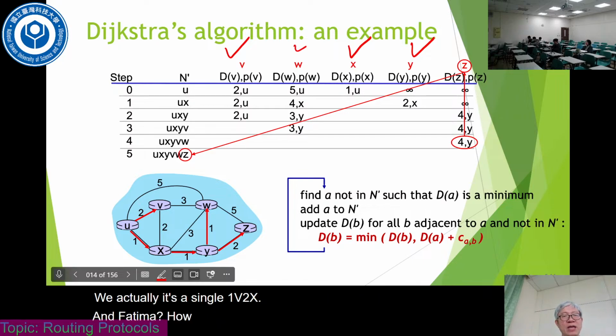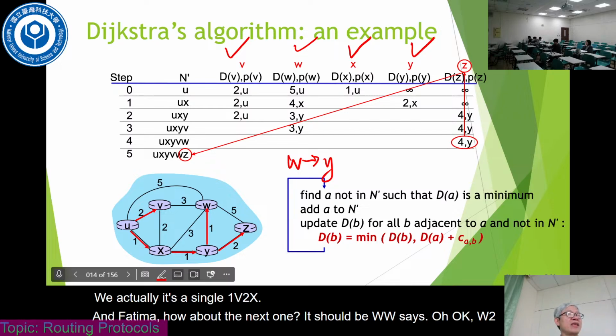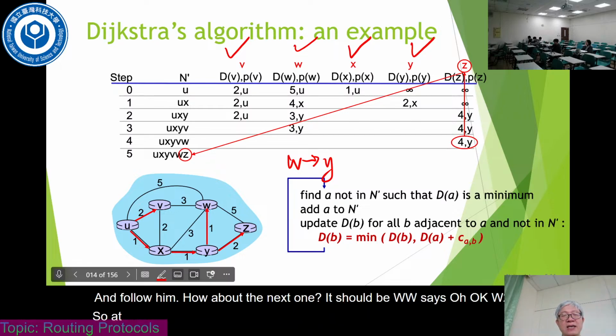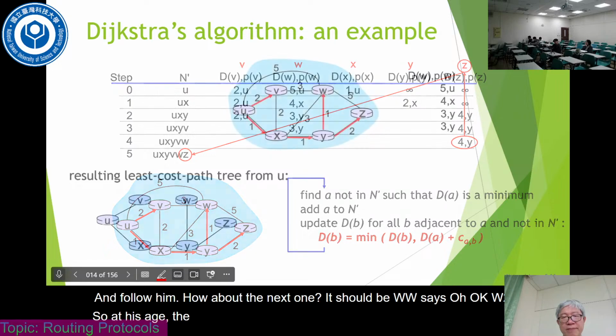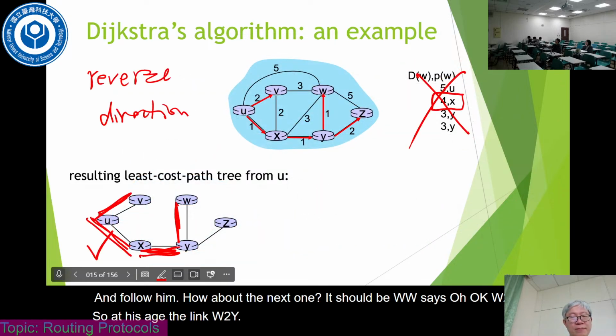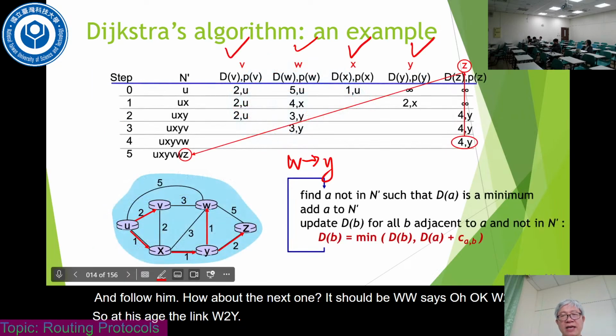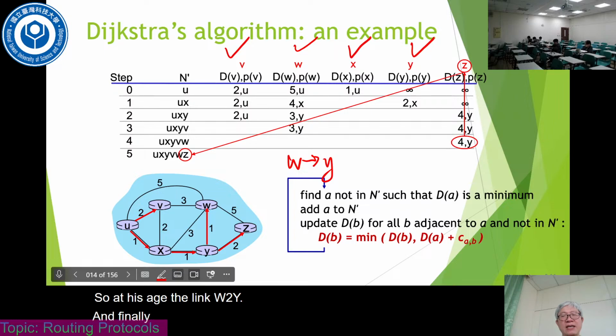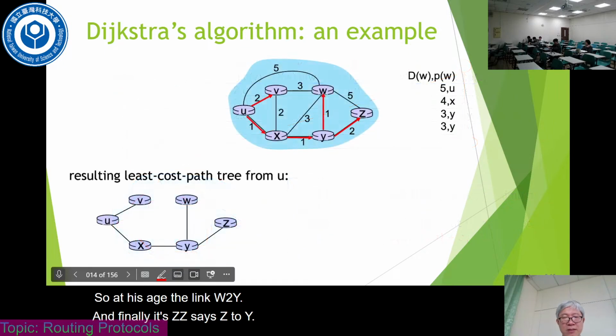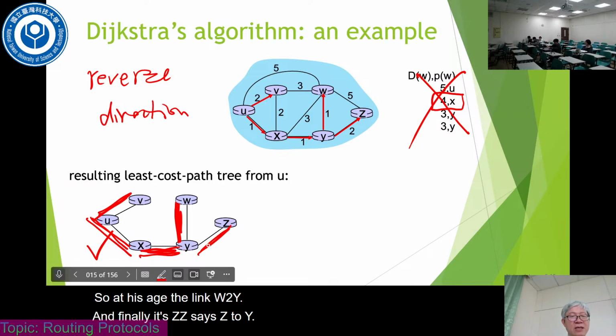It should be W. W says, oh, okay, W to Y. So at least that links W to Y. And finally, it's Z. Z says Z to Y. So we have this. So this is the spanning tree.